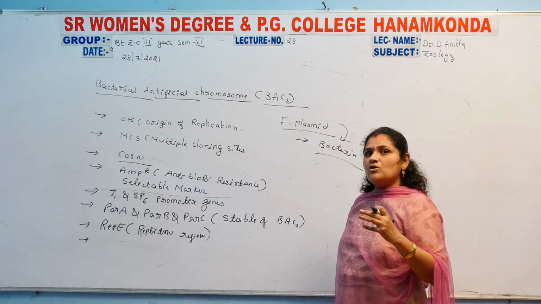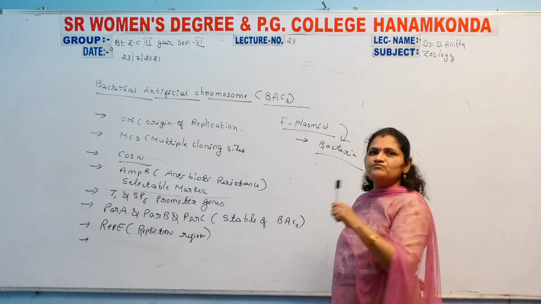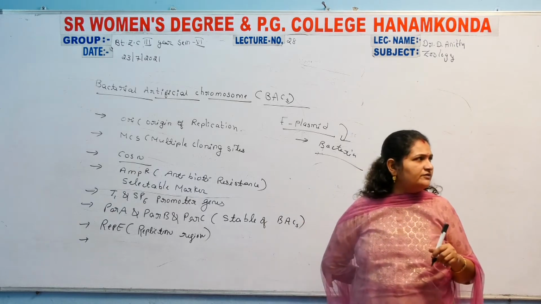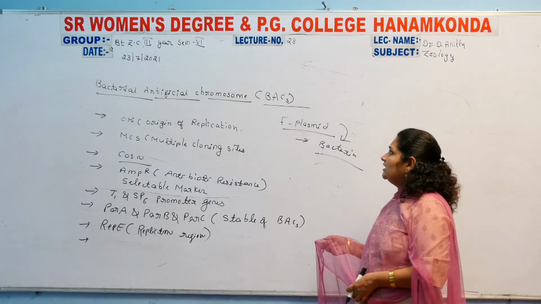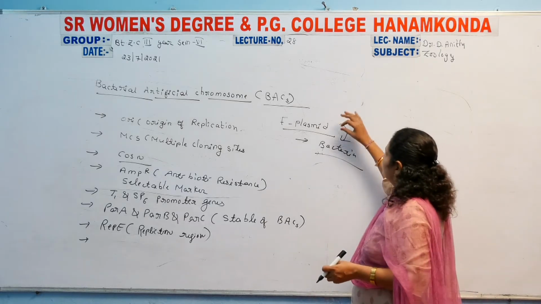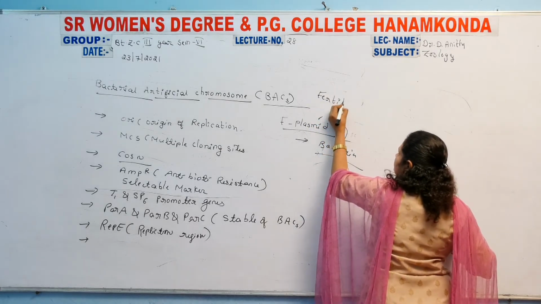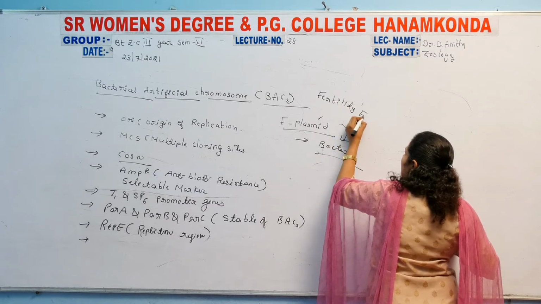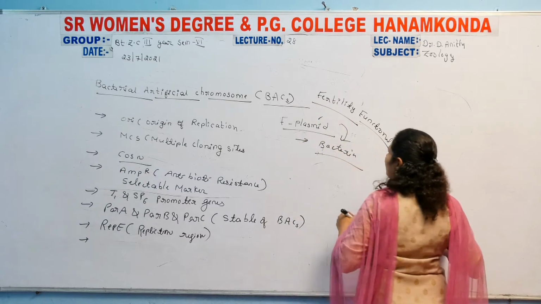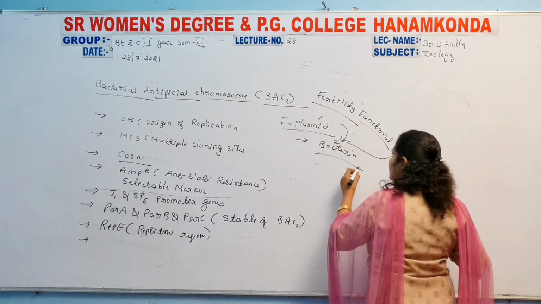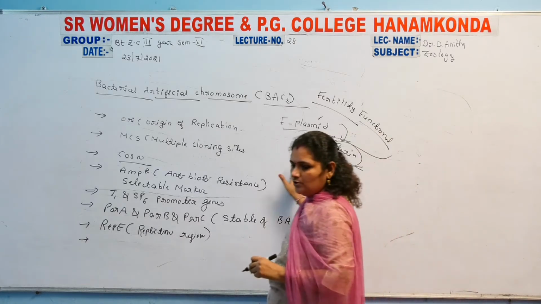That's why it is considered a bacterial artificial chromosome. The definition: a fertility functional plasmid inserted and cloned into the bacteria is considered a bacterial artificial chromosome.